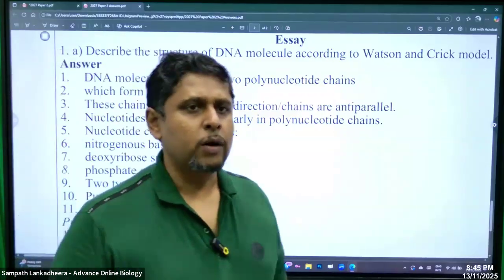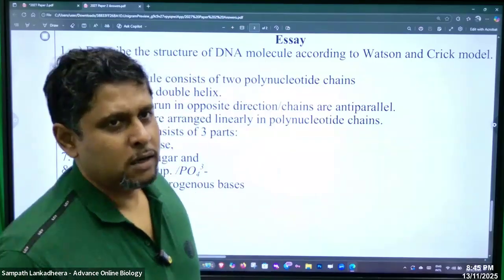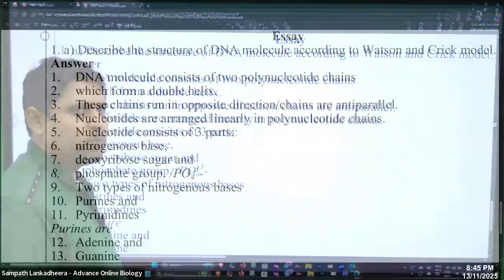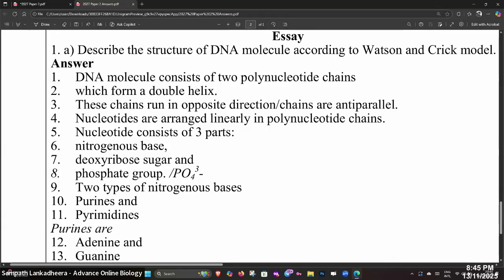DNA consists of two polynucleotide chains, which form a double helical structure. These chains run in opposite directions, so they are antiparallel. Nucleotides are arranged linearly in the polynucleotide chains.